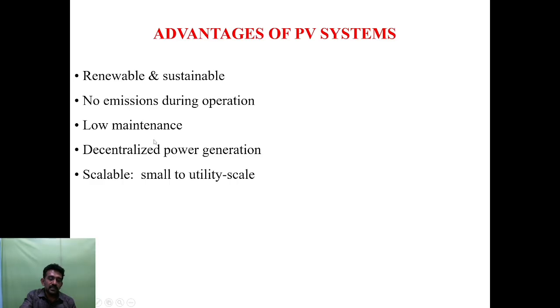Next, decentralized power generation. The solar panel can be installed anywhere. In the case of generators, nuclear reactors, or any other production methods, either by fossil fuels or hydroelectric plants, it is centralized. It can't be decentralized. But solar is decentralized by placing it on rooftops or in farmlands.